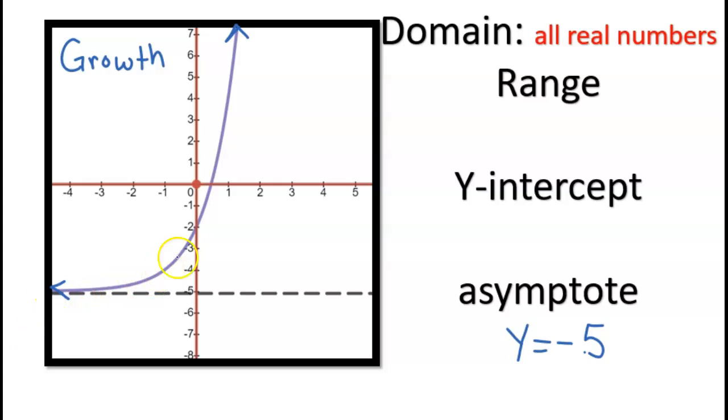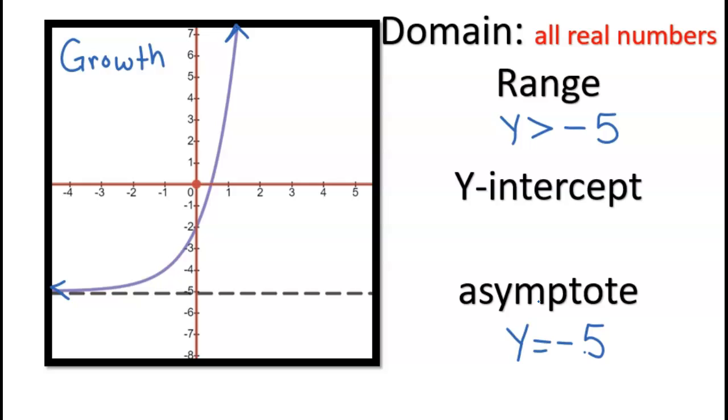Do you see that this purple line, all of this purple line is above the asymptote? So that means the range is above, greater than, the asymptote at -5. Y is greater than -5 is the range.